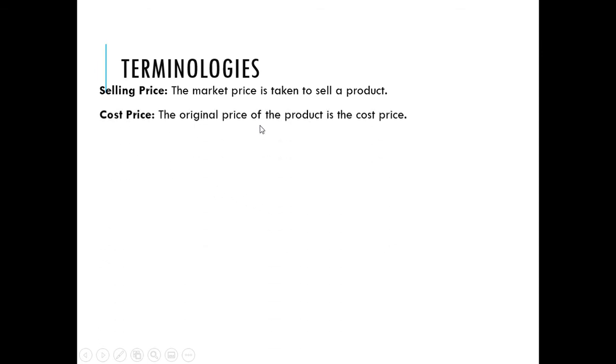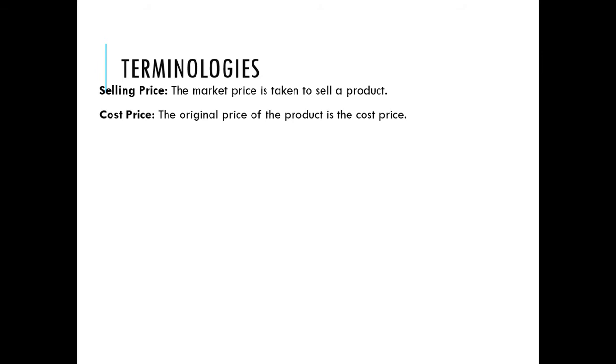Cost price. The original price of the product is the cost price. So when you talk about the original price of the product, that is what you call cost price. So the cost of producing that product, the cost of making that product. For example, if you talk about the cost of a book, when you come to establishing the cost of a book, you must have established other different costs which were actually formed or informed in the preparation of a book.